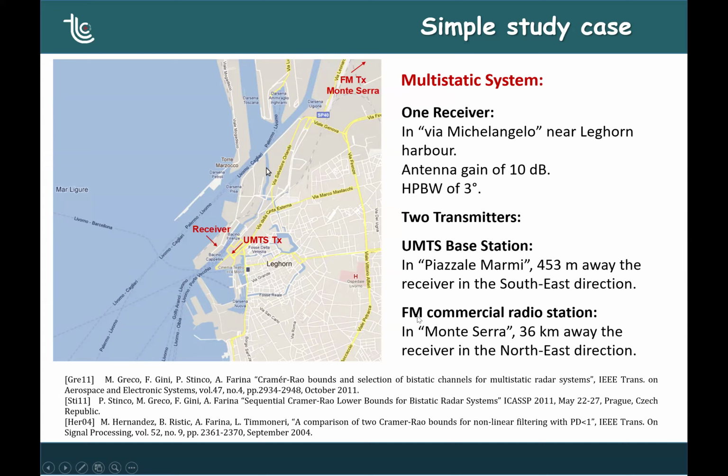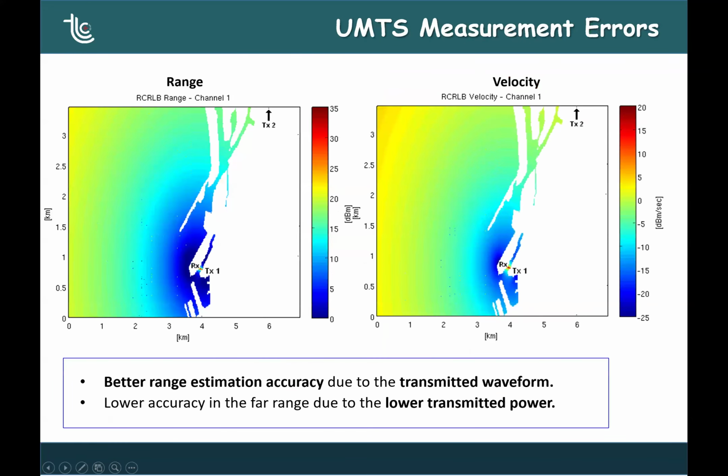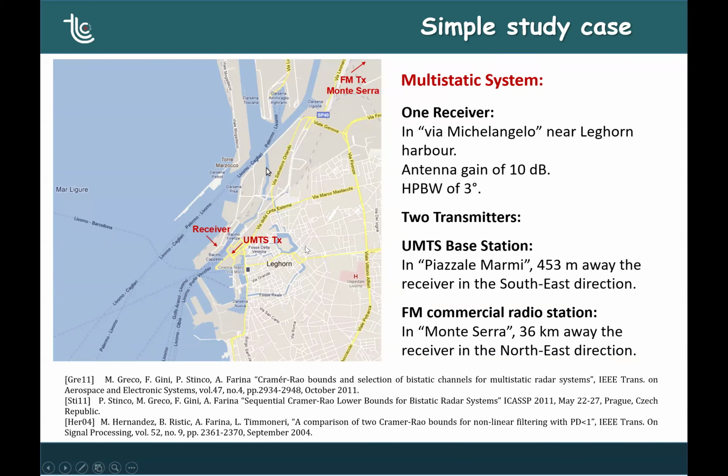And then we have an FM commercial radio station at 36 kilometers from the receiver, and another one, a UMTS base station, less than 500 meters away from the receiver. So now in this situation, we have two different signals of opportunity. The receiver can choose to use both of them, or can choose to use only one of them.